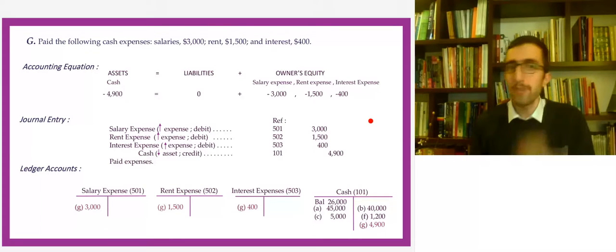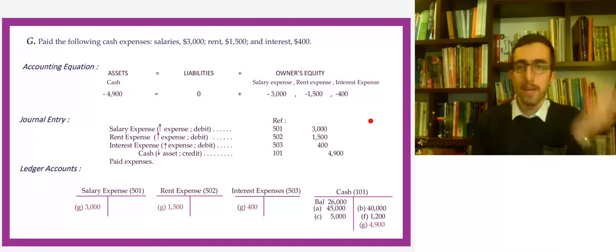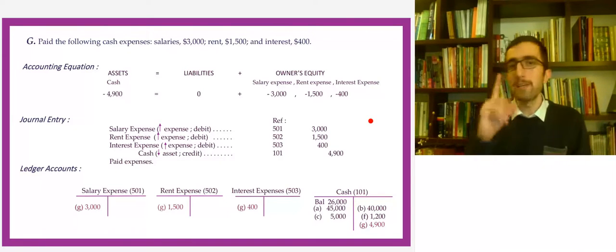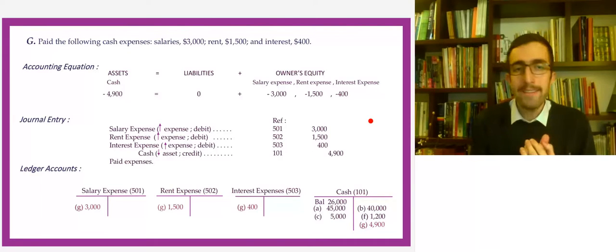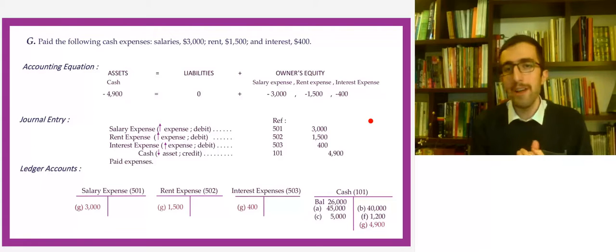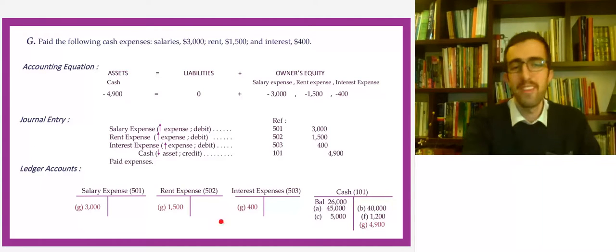But we can also use a combined entry in this transaction. For example, salary expense, rent expense, and interest expense, all on the debit side, and only one account, cash, on the credit side. It is a combined entry, and the amount of cash will be $4,900.